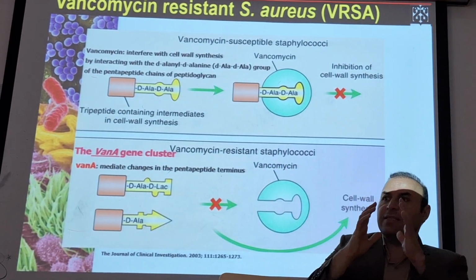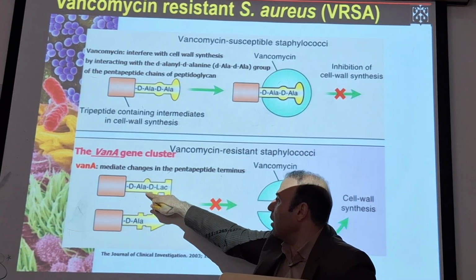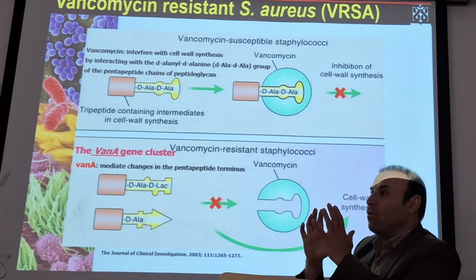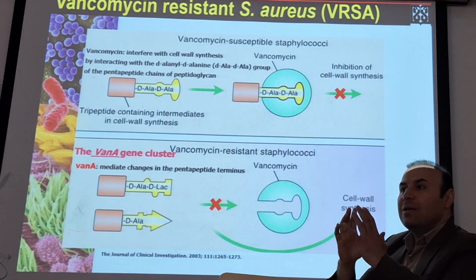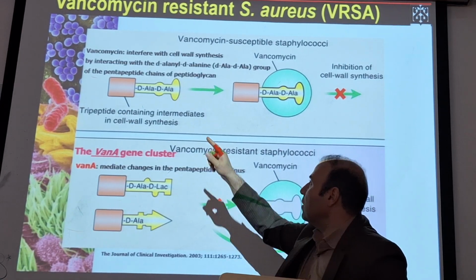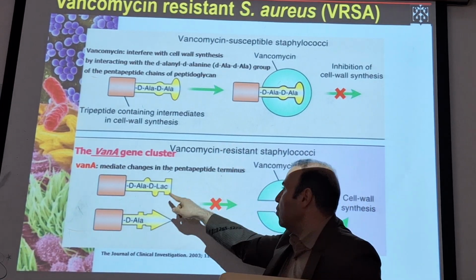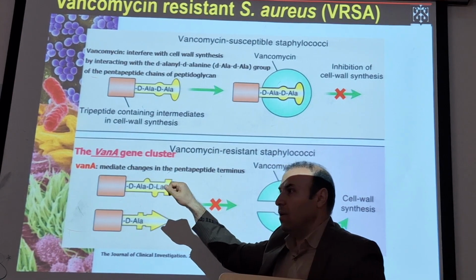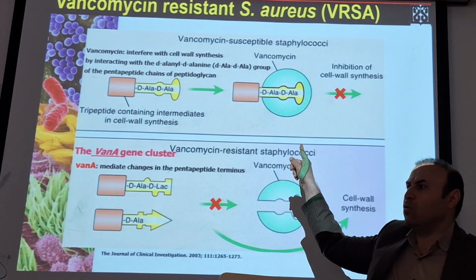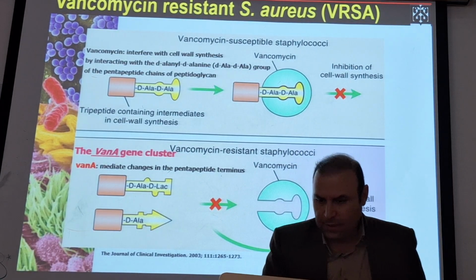Thereby, vancomycin cannot attach to D-alanine D-lactate or D-alanine D-serine because vancomycin has a structure similar to D-alanine, not to D-alanine D-lactate. This substitution can lead to resistance to vancomycin.